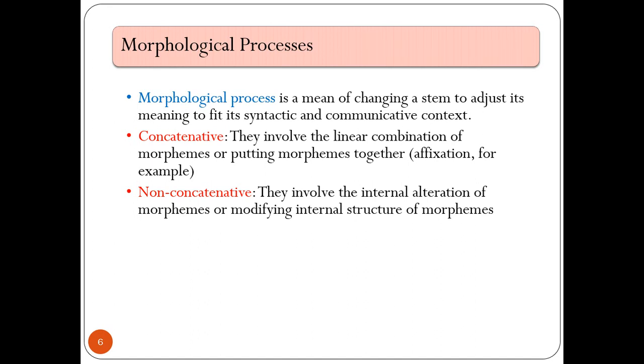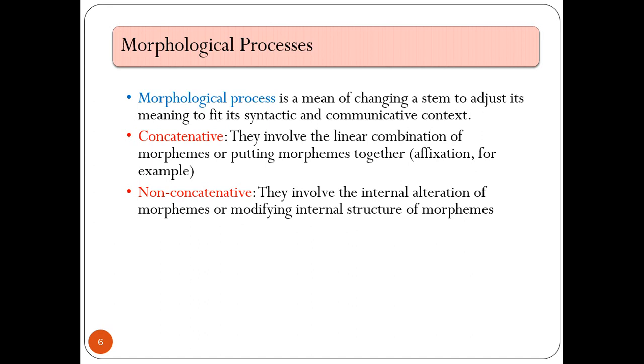Why? Because if the subject is third person singular, it has to adjust itself in order to fit in there, because the syntactic requirement is that the verb must be in the S or ES form. Like the verb must take S or ES, because the subject is third person singular, in present tense.